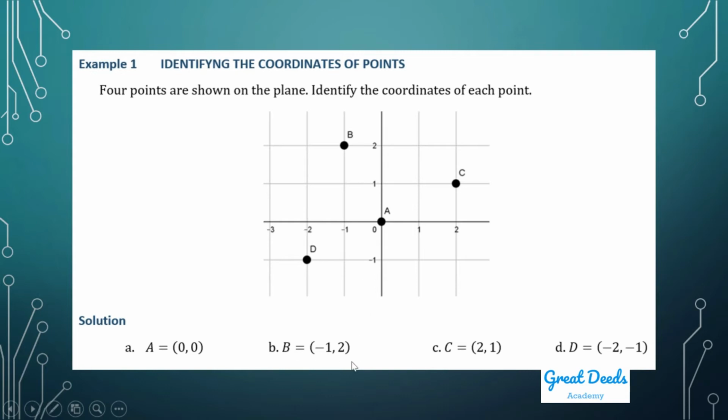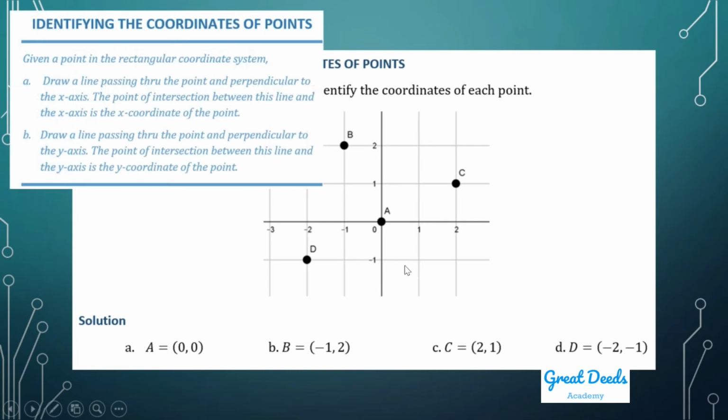So it's (-1, 2). For point C, 2 is the x-coordinate and 1 is the y-coordinate. For point D, -2 is the x-coordinate and -1 is the y-coordinate.